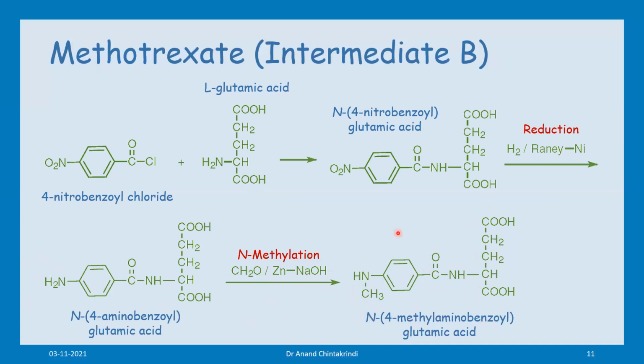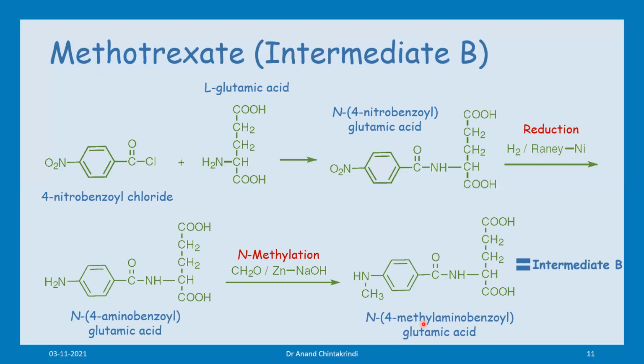So at the 4th position you have a methylamino, and the benzoyl is attached to the N of glutamic acid. We started with 4-aminobenzoyl, and using formaldehyde, zinc and hydroxide, you methylated this N position. So from 4-amino to 4-methylamino. Now this is the intermediate B.